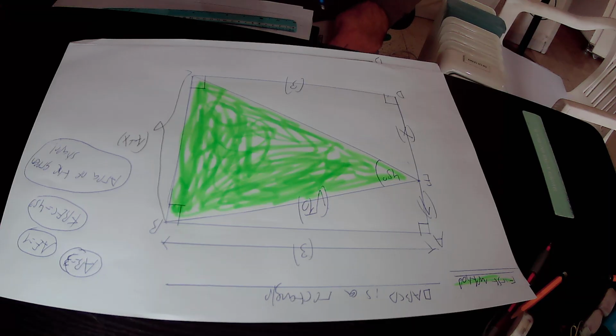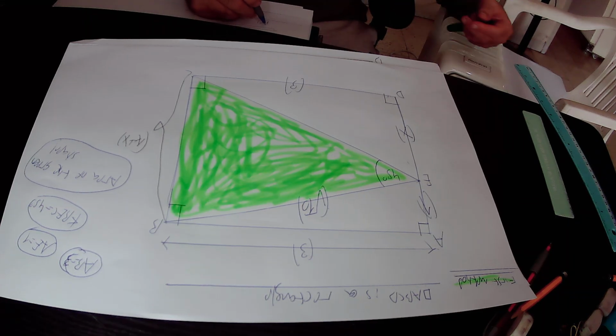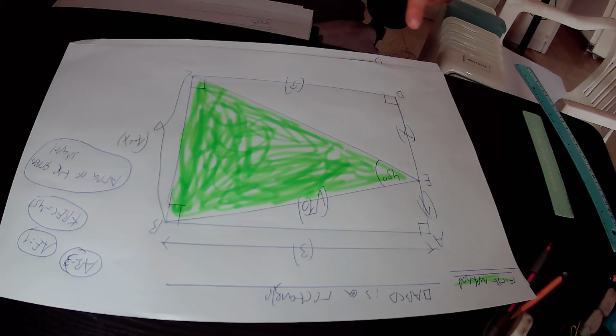In this lower right triangle EDC, EC squared, that is the square of the hypotenuse, equals ED squared plus DC squared.